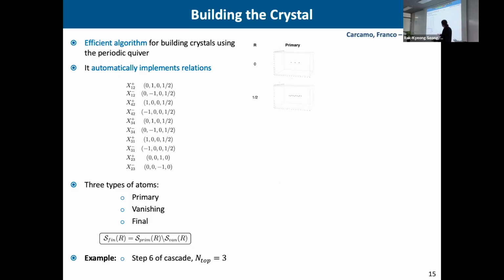Then you can continue. I don't remember which fields you use there, but you have some number of atoms at R charge equal to 1/2, R charge equal to 1, and so on. This is very similar to the picture that I showed you for C4. I will stop here for a reason, but you can keep building. In principle this is infinite. There's nothing finite here. I didn't use the vanishing relations.